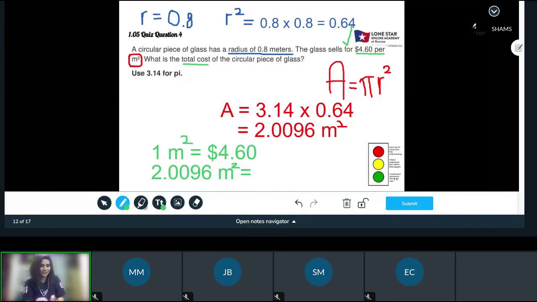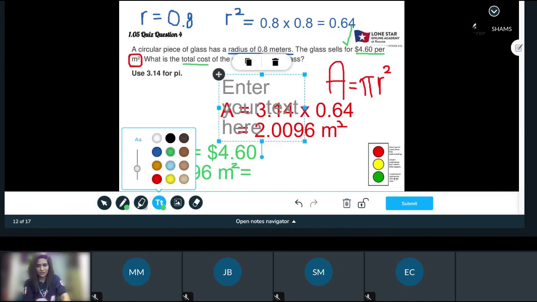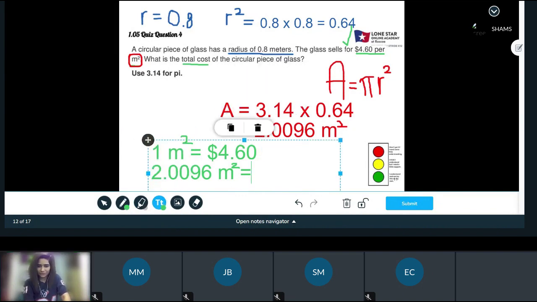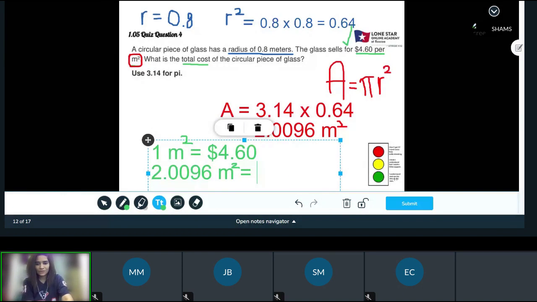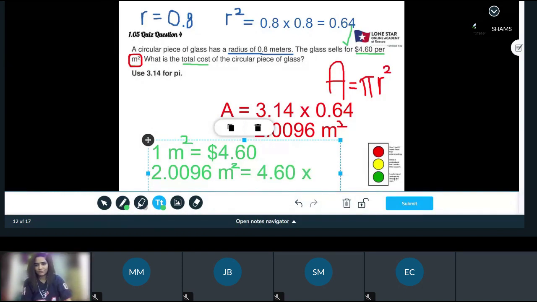2.0096 is like 2, right? 2 squared meters. So if you just multiply 460 by 2, approximately 2, you're going to head to the right answer. I would just times it by 2. I will still get the answer, very likely. And then the answer turns out to be 920-ish dollars.